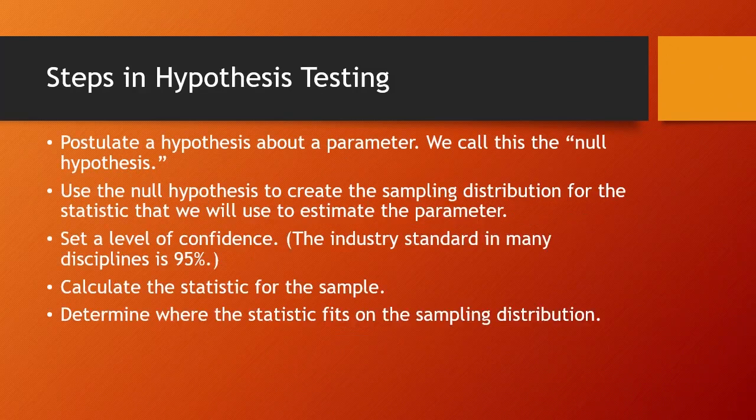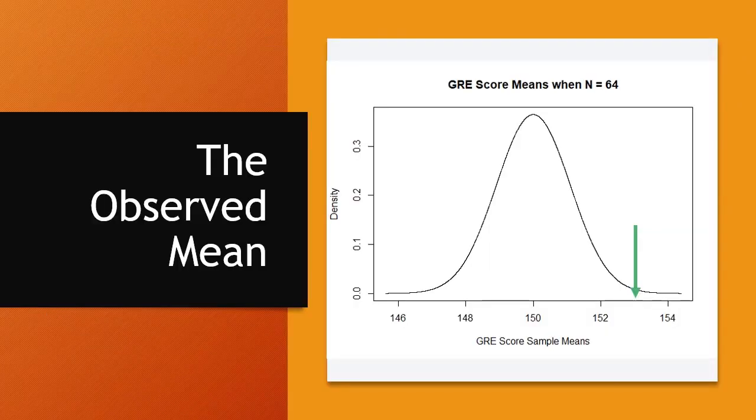We then determine where our sample mean, our particular statistic, fits on the sampling distribution. Let's take a look at the picture. Here again is a picture of the sampling distribution when the mean of the distribution is 150. That is, when our null hypothesis is true.